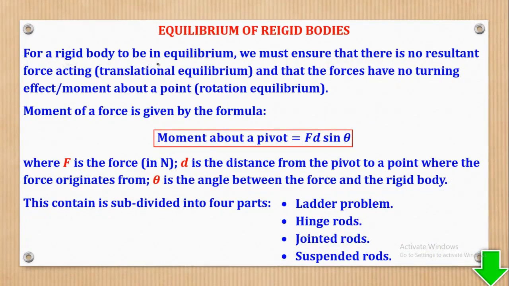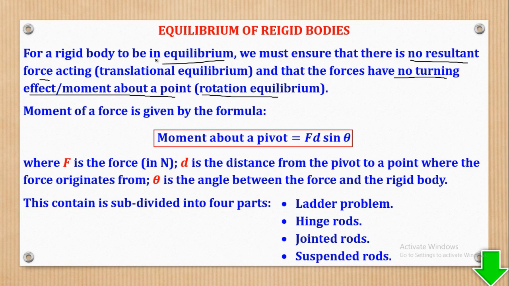For rigid bodies in equilibrium, we must ensure that there is no resultant force acting, and that is translational equilibrium, and also we must ensure that there is no turning effect about a point, that is rotational equilibrium.